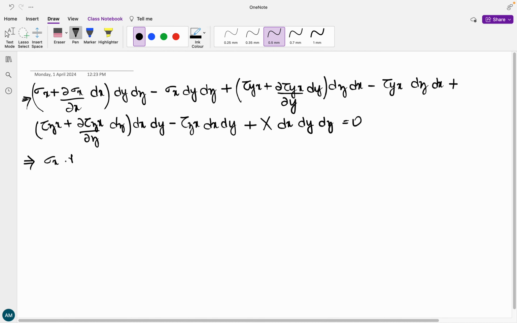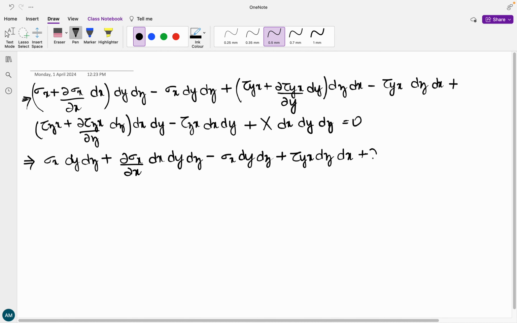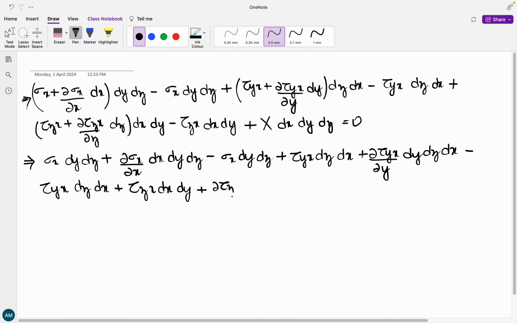So sigma x dy dz plus dou sigma x by dou x dx dy dz minus sigma x dy dz plus tau yx dz dx plus dou tau yx by dou y dy dz dx minus tau yx dz dx plus tau zx dx dy plus dou tau zx by dou z dz dx dy minus tau zx dx dy plus X dx dy dz equals 0.